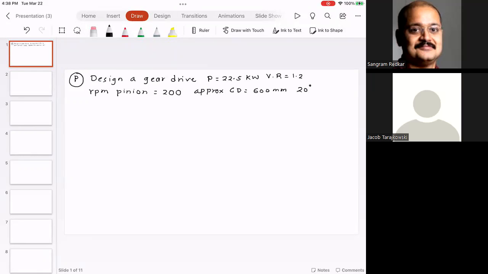20-degree pressure angle stub. Sigma G is equal to sigma P is equal to 60 megapascal. Same material for gear and pinion.